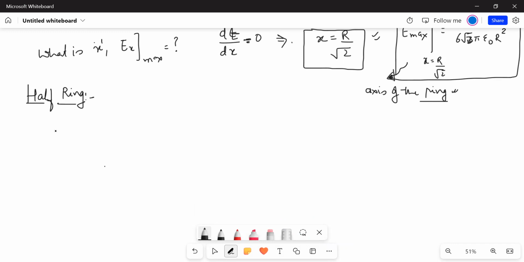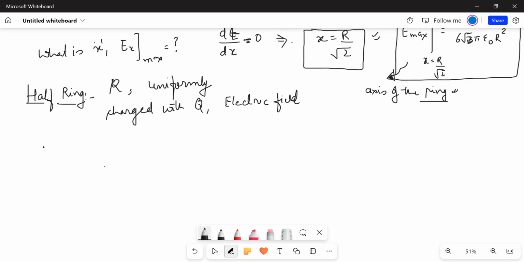A half ring of, let's say, radius capital R, and let us say it is uniformly charged with charge capital Q, and we want to find the electric field strength at the center of this half ring.